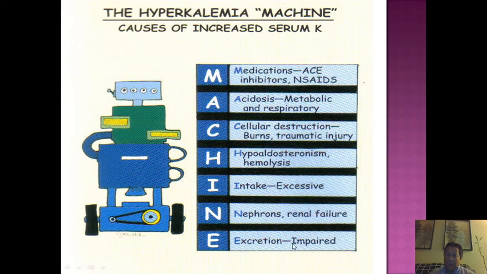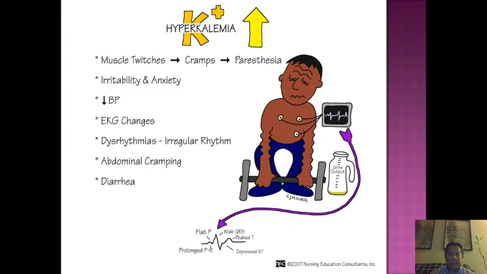So, if you have impaired excretion of potassium, such as in the case of renal failure, then you will be susceptible to hyperkalemia that can lead to cardiac dysrhythmias.